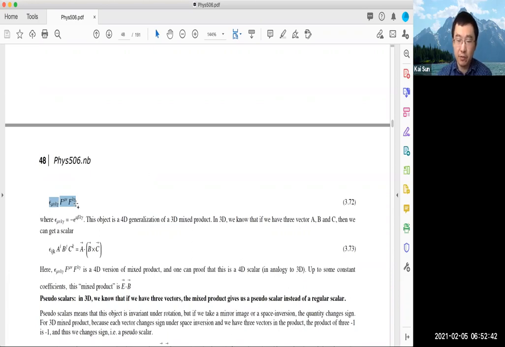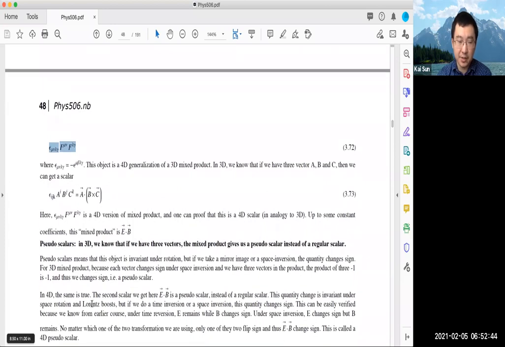It's a 4D pseudoscalar in the sense that if we do a space inversion, or if we do a time reversal transformation, if we flip the direction of time, then this object will change sign. Under time reversal, it changes sign. Under space inversion, it also changes sign.